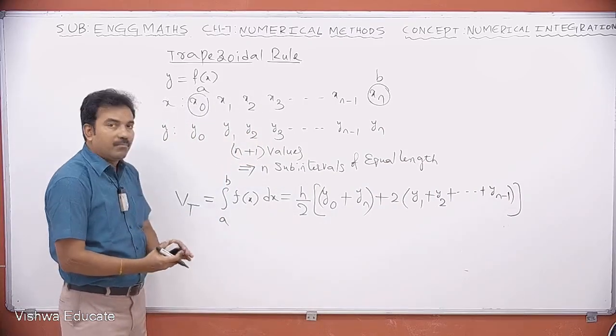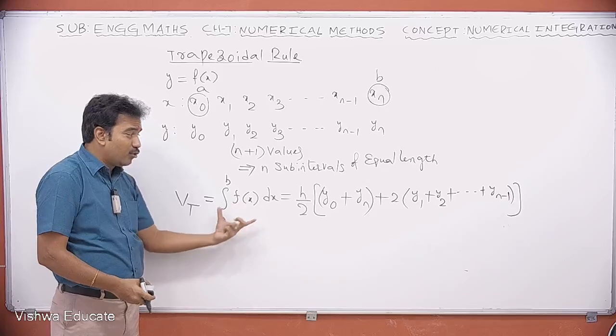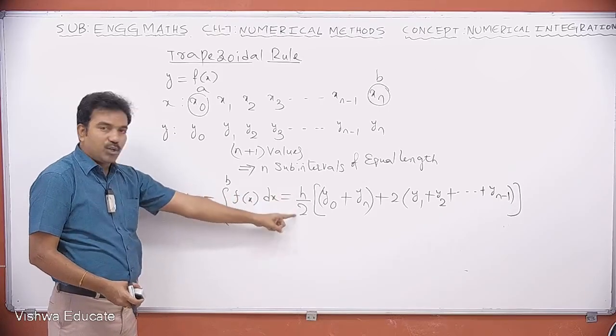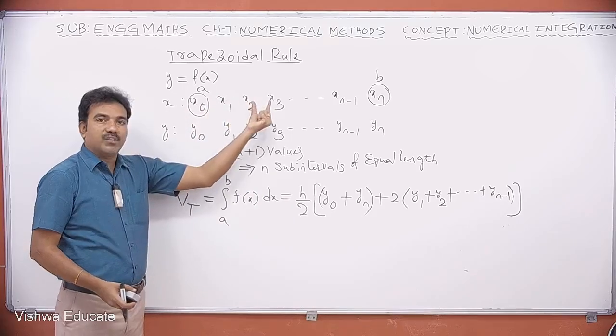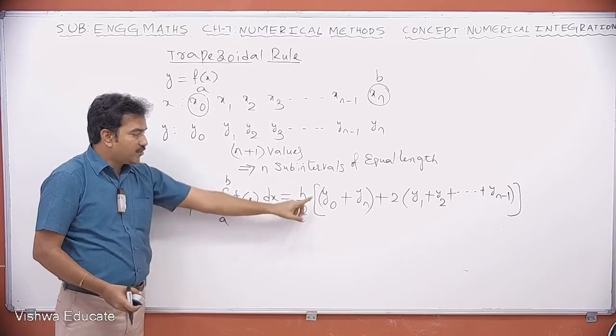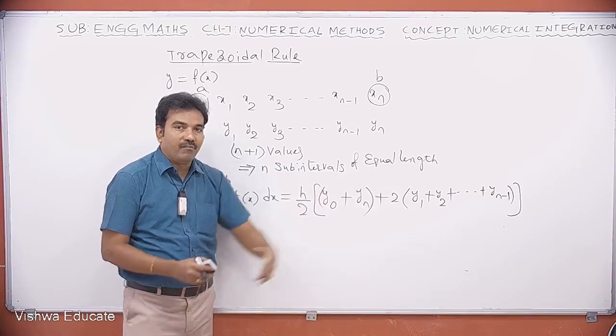Here h is the step size, that is the difference between consecutive x values. So it is h by 2 times the sum of first and last y values plus 2 times the sum of remaining y values.